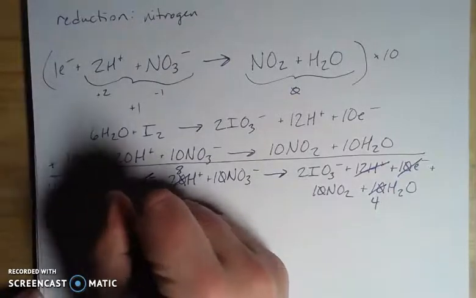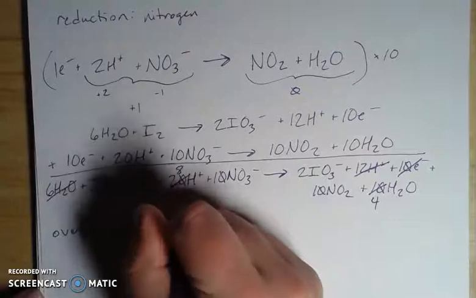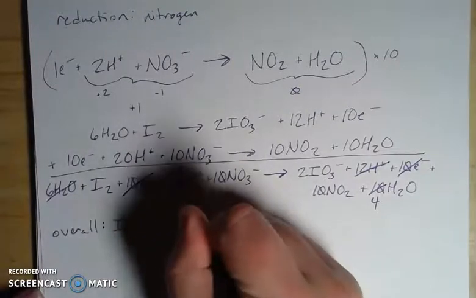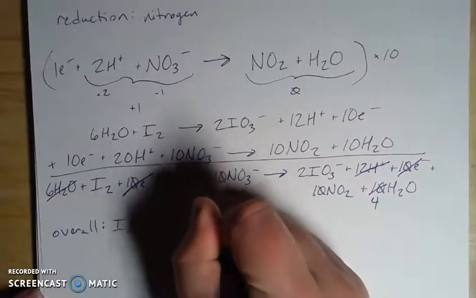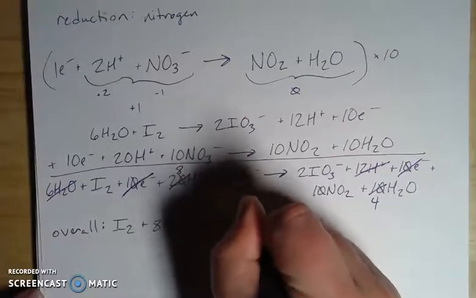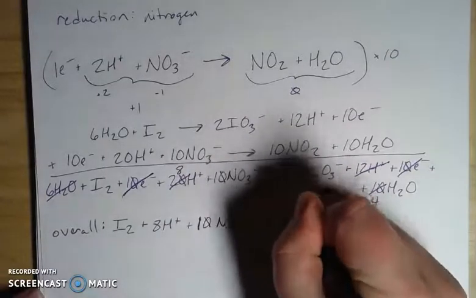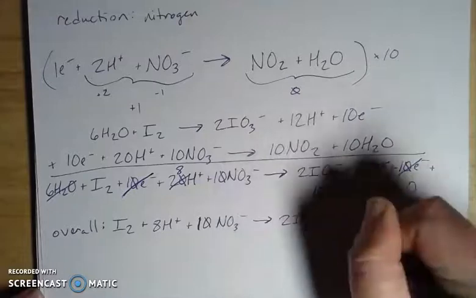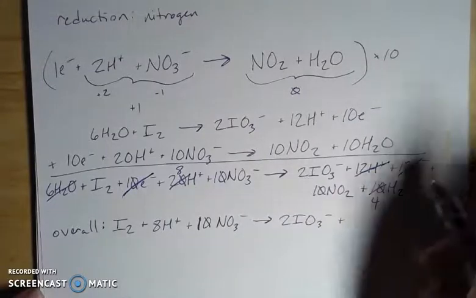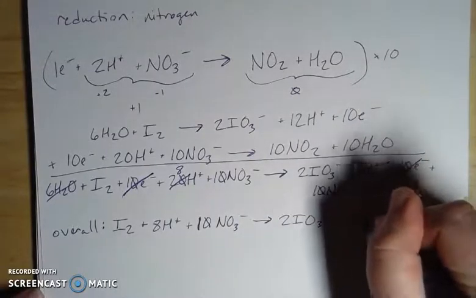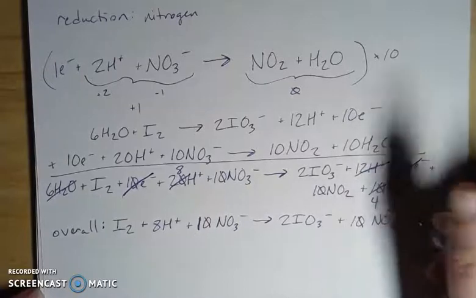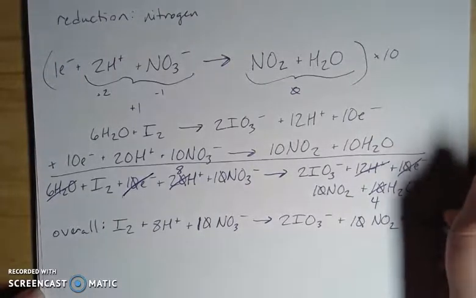Then I have my iodine, 8 hydrogens, 10 nitrates, 2 iodates. Got rid of those, got rid of those. 10 of my nitrogen dioxide. And 4 waters.